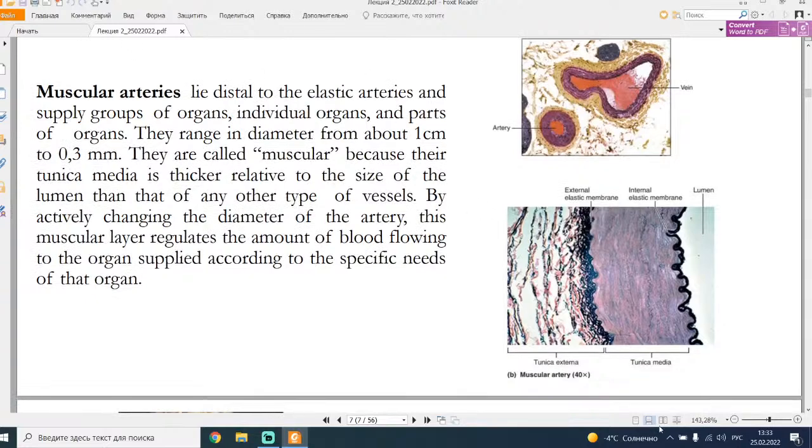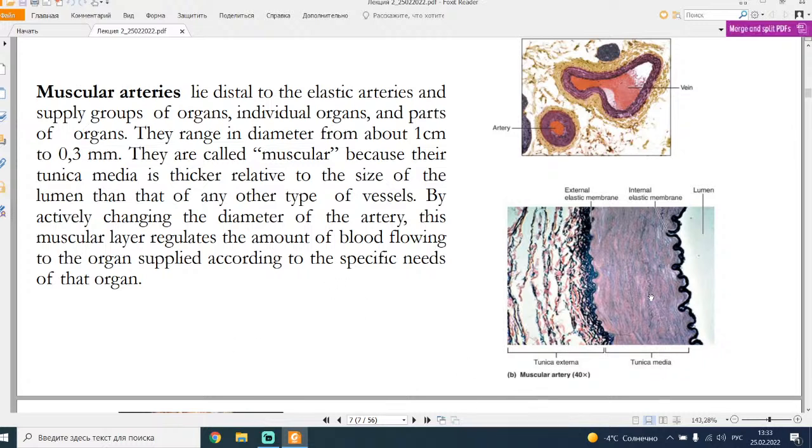Muscular artery. Muscular arteries lie distal to the elastic arteries and supply groups of organs and parts of organs. They range in diameter from about 1 centimeter to 0.3 millimeter.